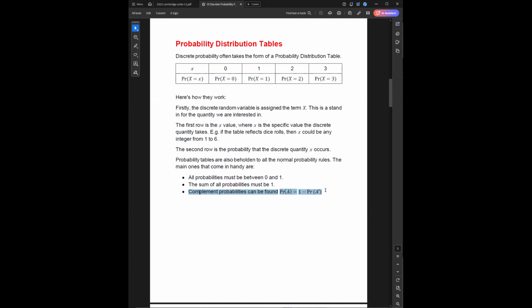And the last thing that's also important here is that a lot of the times you don't need the entire table. So if you wanted to find the probability of x equals 1, x equals 2, and x equals 3 all combined, you don't necessarily have to do that. You can find the complement, which is to find the probability of x equals 0 and then do 1 minus that.